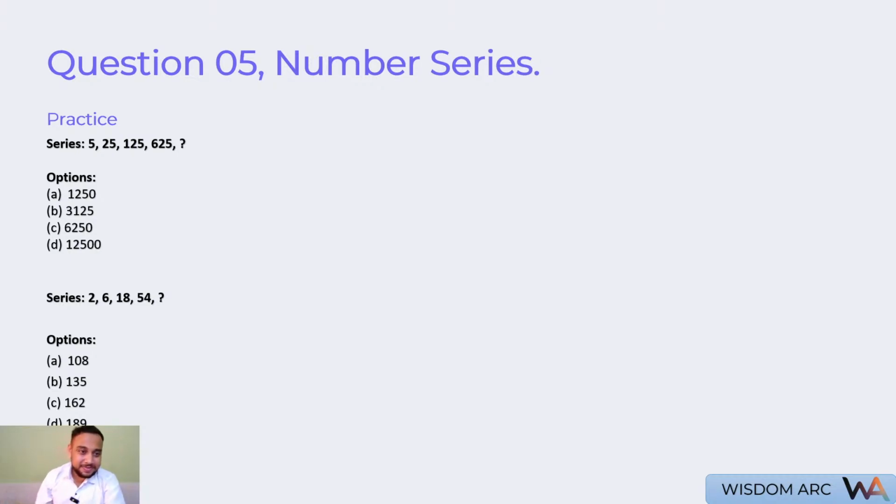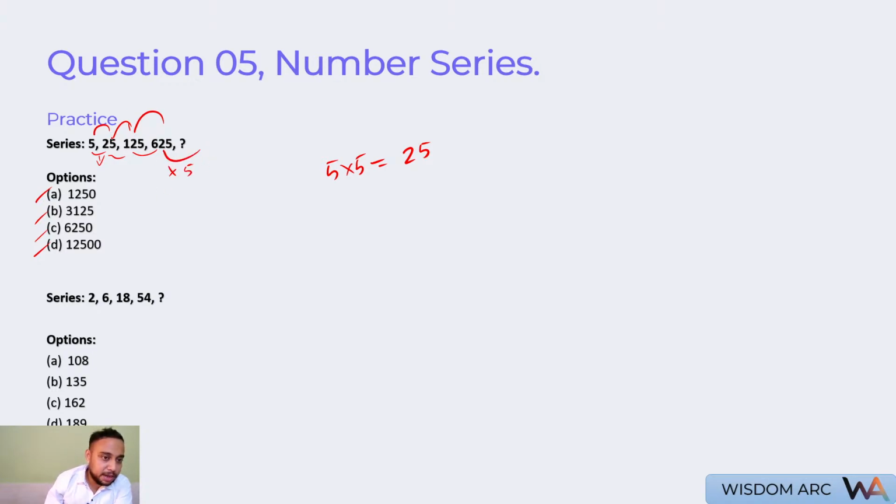Now, you can see the number is way too large for addition. So there is multiplication involved. We can easily see how 5 becomes 25, only by multiplying. All right. So 5 into 5, 25 into 5, 125, 125 into 5, 625. So this is a multiplication of 5. 625 into 5.